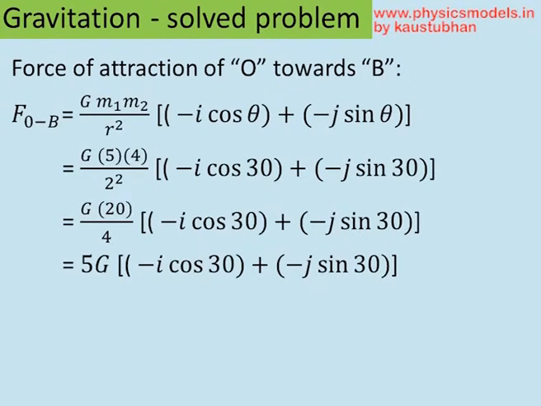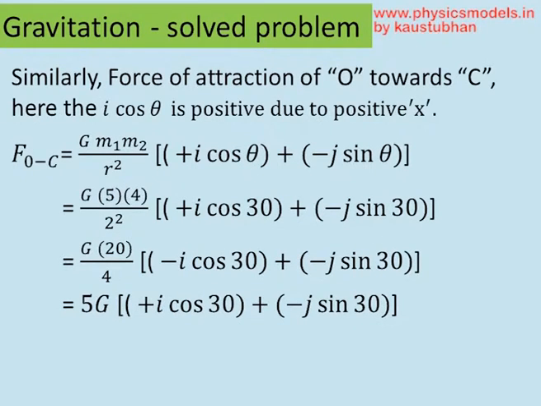With that, we find the force of attraction of O towards B as G m1 m2 by r squared into the vector addition. And the vector addition here is minus i cos theta plus minus j sin theta, which are the arrows shown in the triangle on the previous page. So resolving all that, we get 5G into minus i cos 30 plus minus j sin 30.